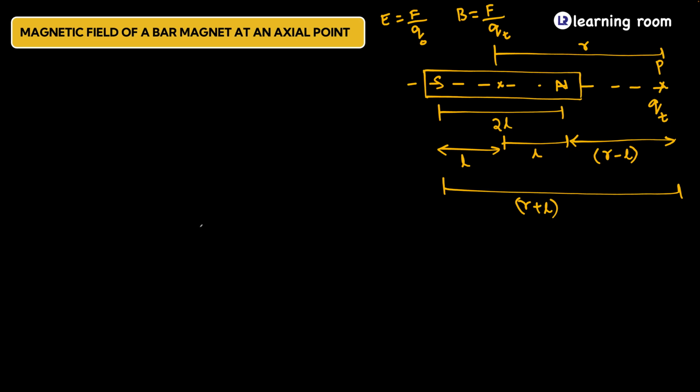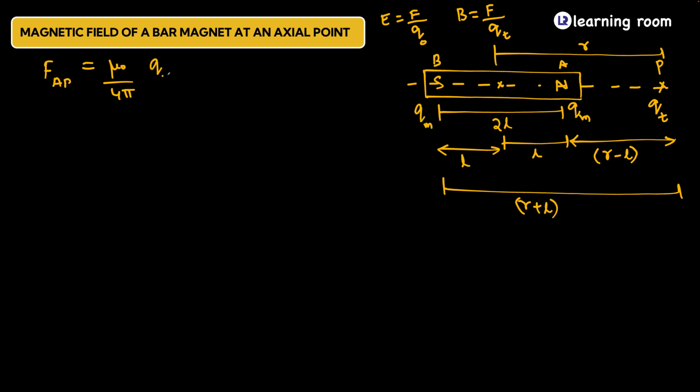Yes. So if I take this point to be A and this point to be B, what is the force that is existing between the points A and P? It is mu naught divided by 4 pi into the pole strength here, which is Qm, and here also you have pole strength of Qm.